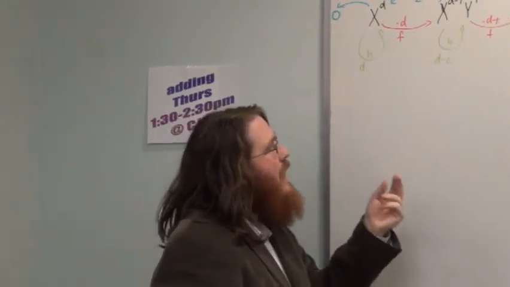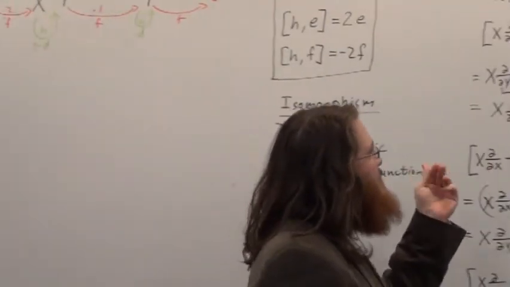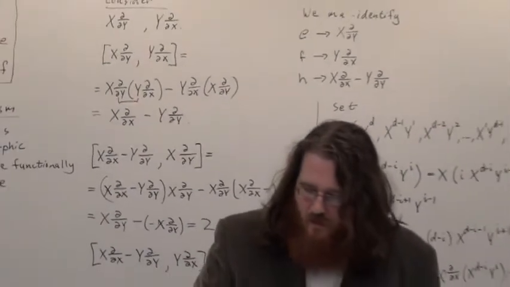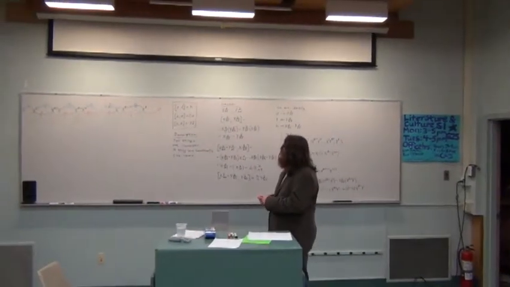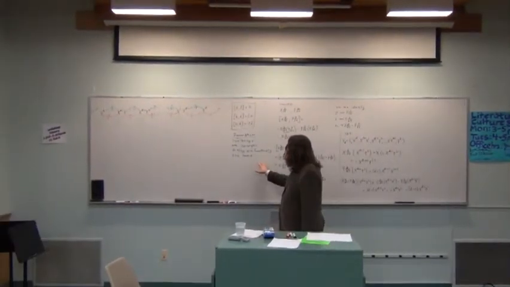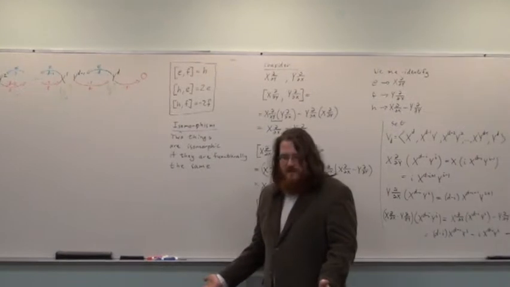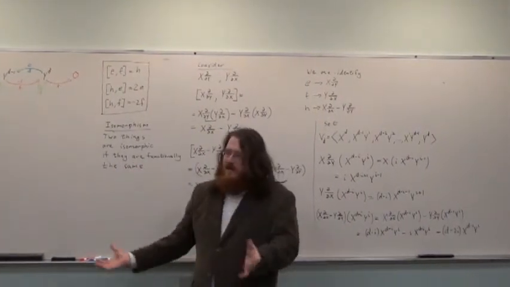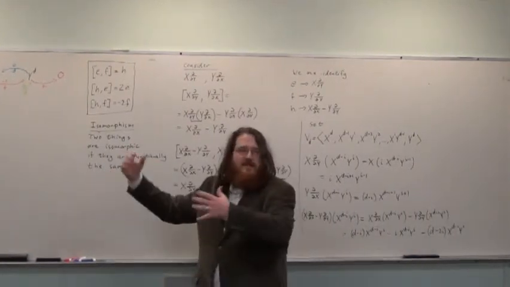So what we want to do now is, this is a very particular example. What is it that's really going on under the hood here? As I said, one thing we care about is two things that are functionally the same but may look different. So this particular incarnation of SL2 acts on this particular set in this way.